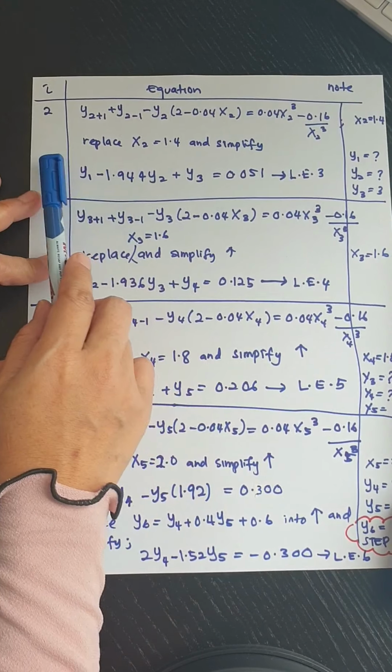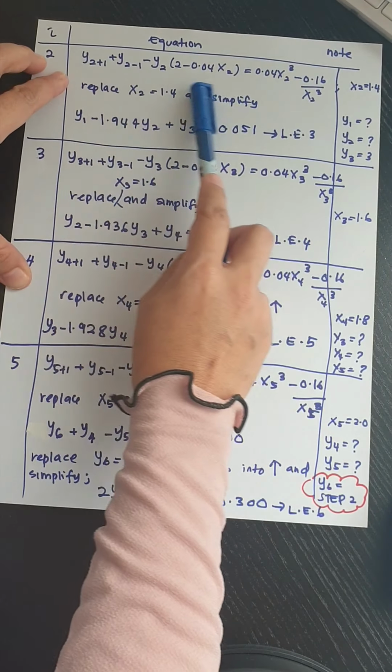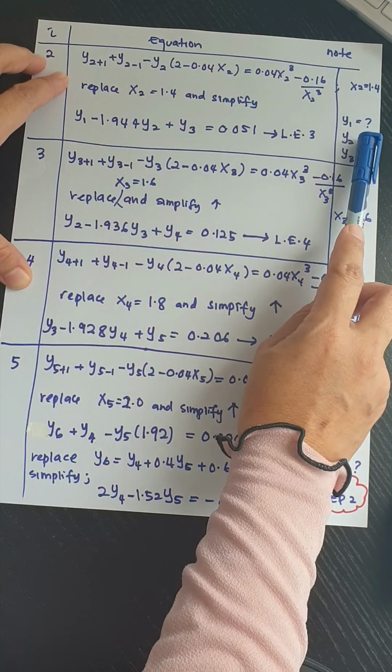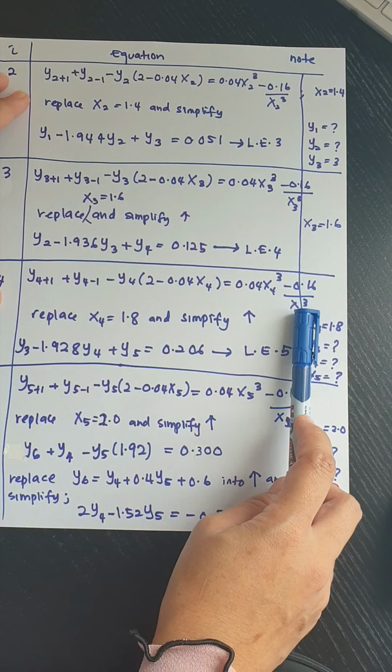And then the same goes for your I2, 3, 4 and 5. You list all the values of x and y that you want to find in each I value.